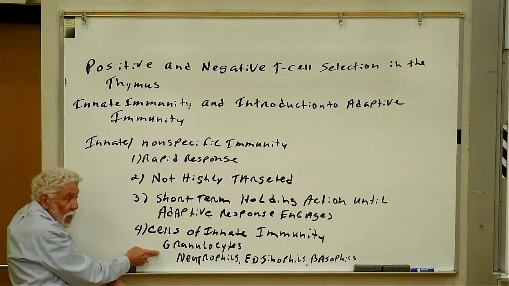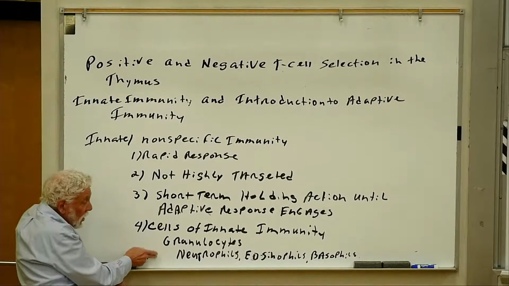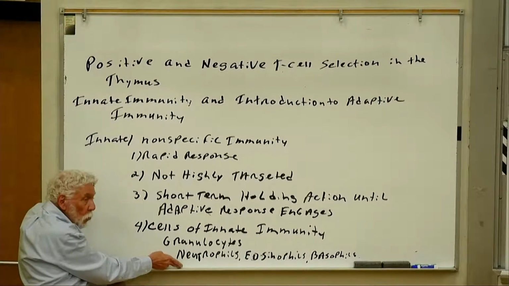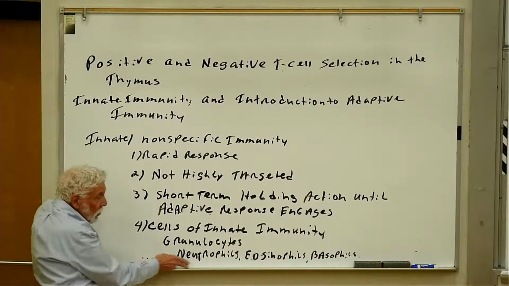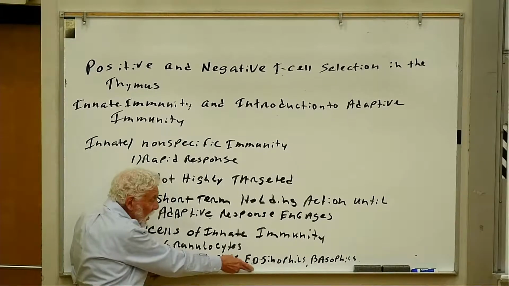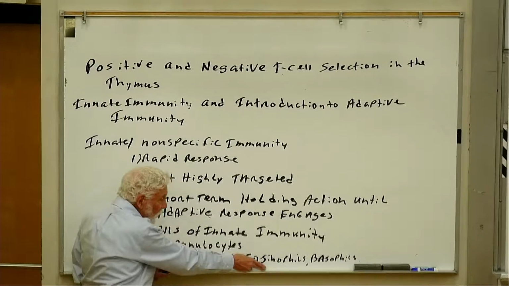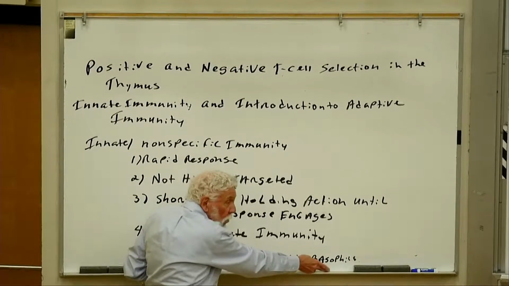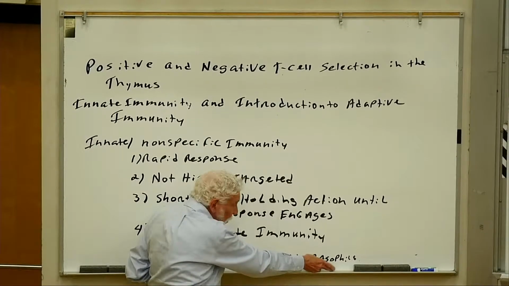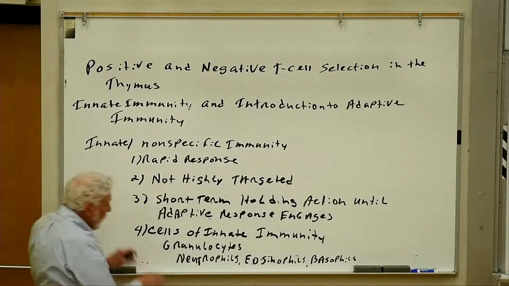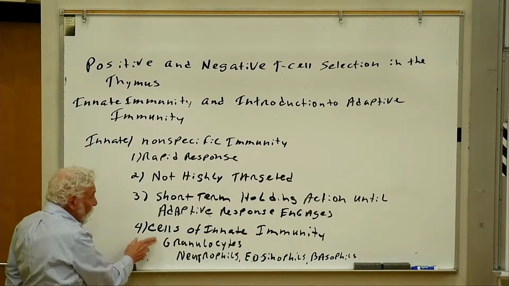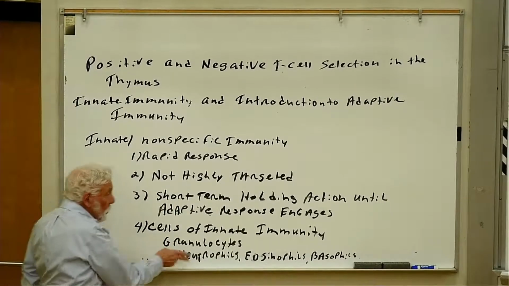And the granules then could stain differently, or these cells could stain differently. Sometimes they stained with neutral dyes, these are the neutrophils. Sometimes they stained with a specific kind of dye called eosin, these are eosinophils. And sometimes they stained with basic dyes that had a basic pH, and those are basophils. We're going to lump them together and call them granulocytes, and most of our time is going to be spent on the neutrophils.